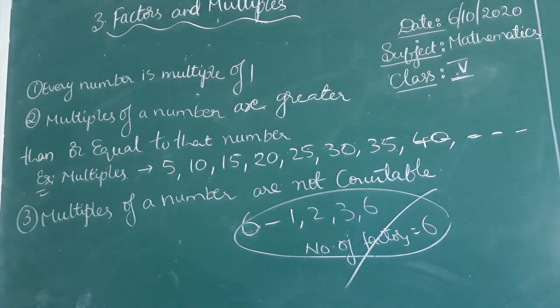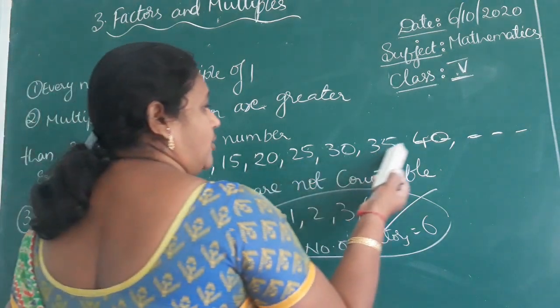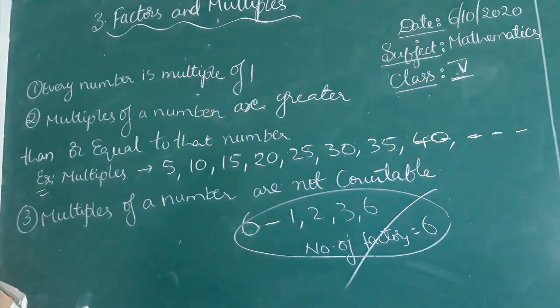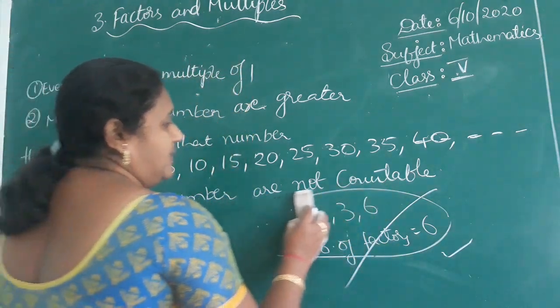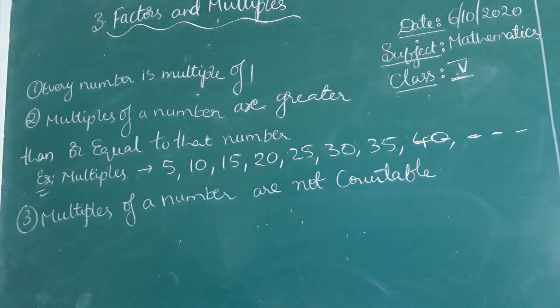How can we write the number of multiples? 5 multiples I am writing, and 40, 45, 50, 55, 60. Like that I can write and go on. There is no particular number to count. Those many we can't count. But factors we can count. That is the difference between the factor and the multiple. Multiples are uncountable, and they are numbers which are greater than or equal to the number.